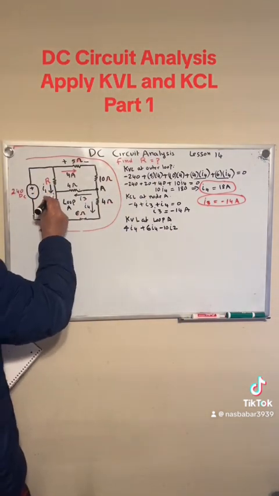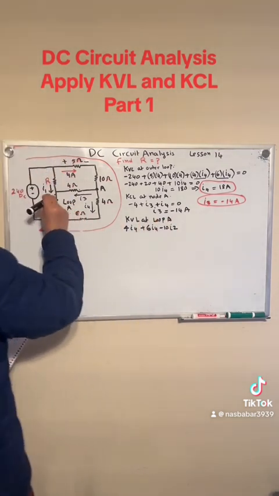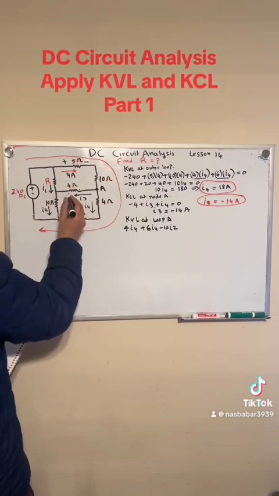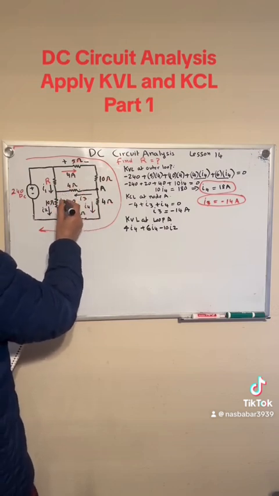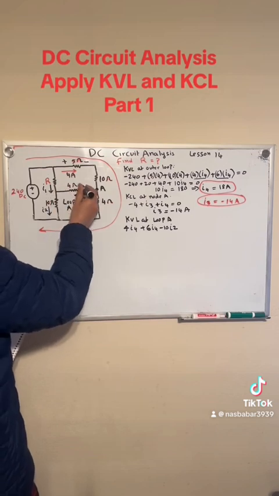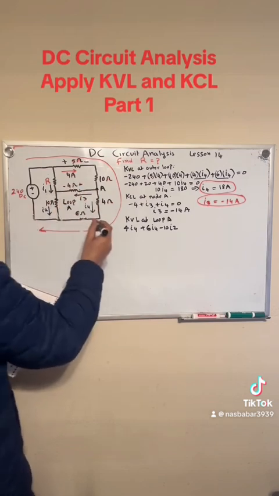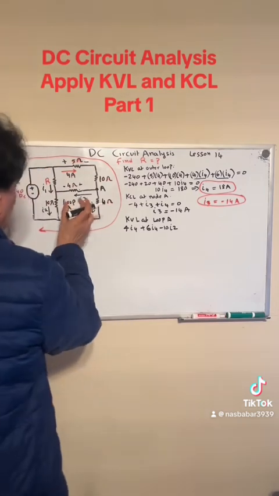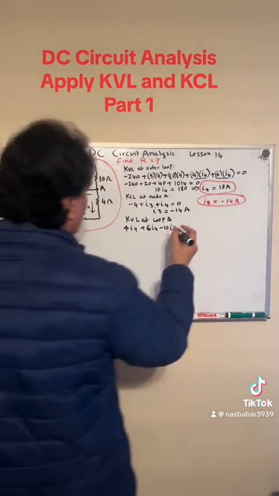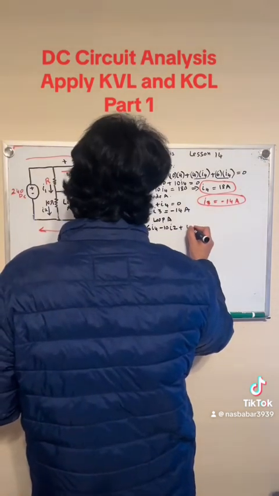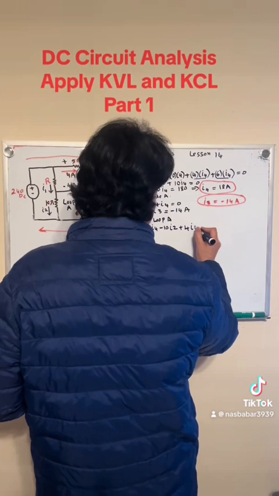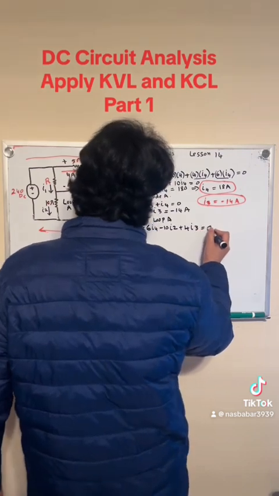And over here I'm going to use what I had before, my assumption, so plus 4 of I3 is equal to 0.